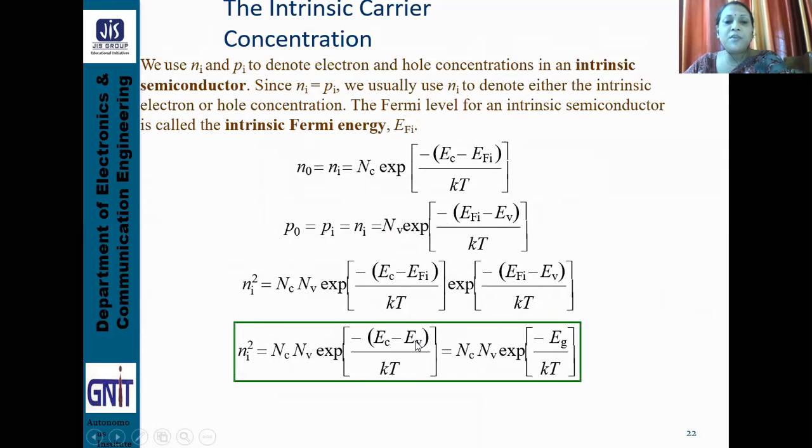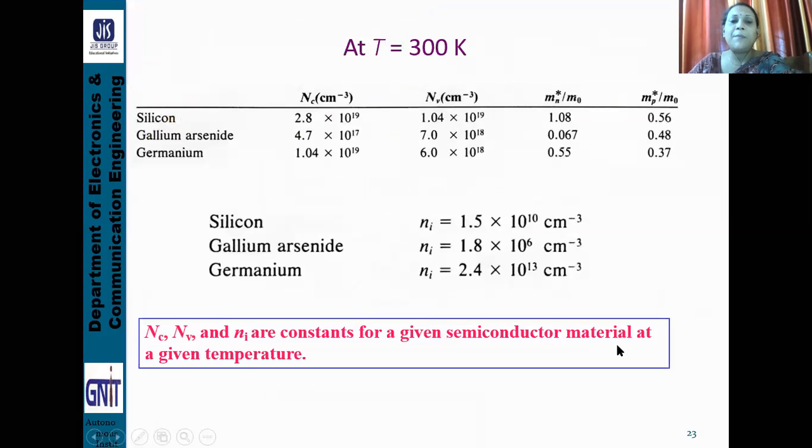Ec minus EV we know is nothing but the forbidden energy gap. So NcNv e to the power minus Eg by kT. This is the resultant formula of intrinsic carrier concentration: Ni square equals NcNv exponential minus (Ec minus Ev) by kT, or equals NcNv e to the power minus Eg by kT.